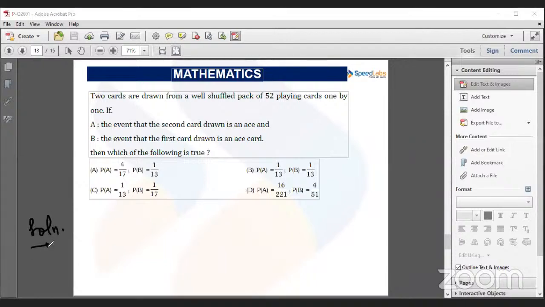Two cards are drawn from a well shuffled pack of 52 playing cards one by one. If A, the event that the second card drawn is an ace, and B, the event that the first card drawn is an ace, which of the following is true?